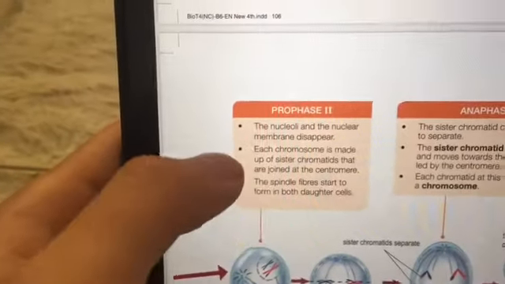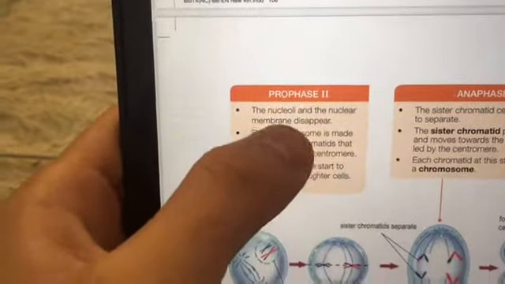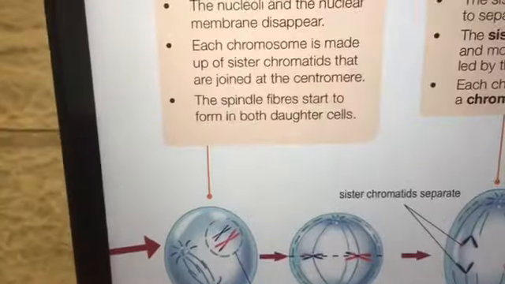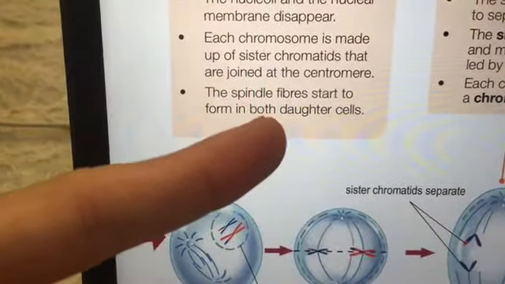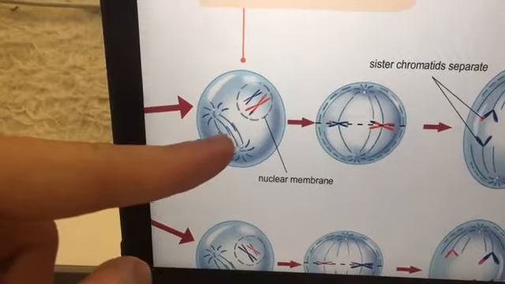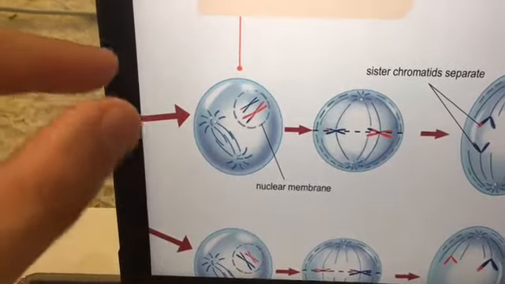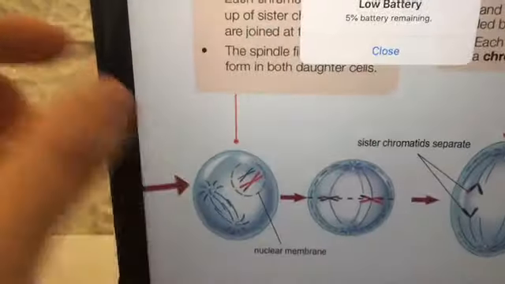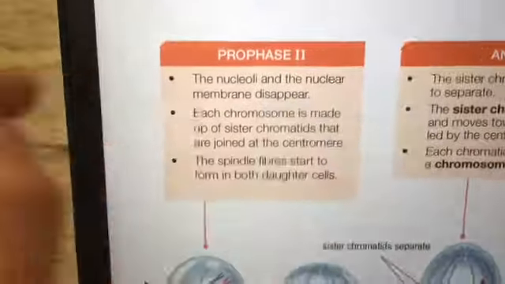The nucleoli and the nuclear membranes disappear. Each chromosome is made up of sister chromatids that are joined at the centromere. You can see that. The spindle fibers start to form in both daughter cells. So the spindle fibers right here are starting to form, and then those things are going to pull the sister chromatids apart later. Oops, battery is almost out.